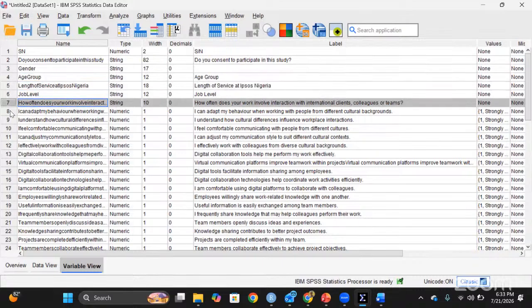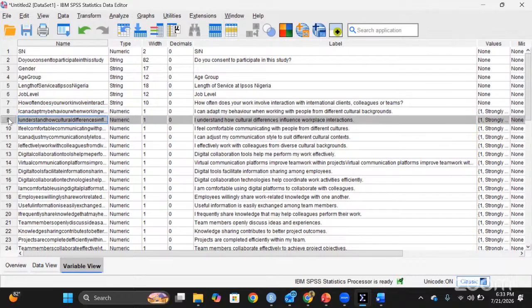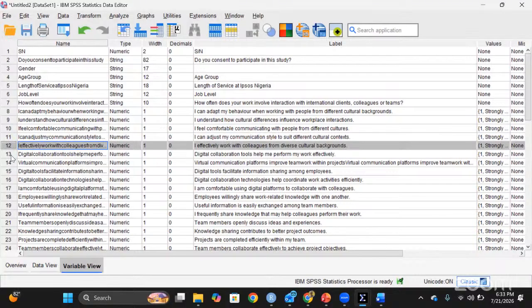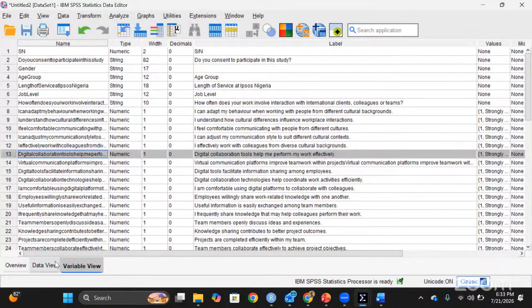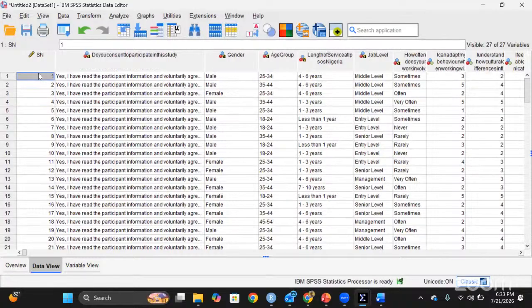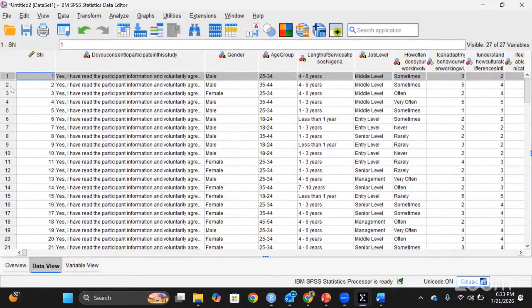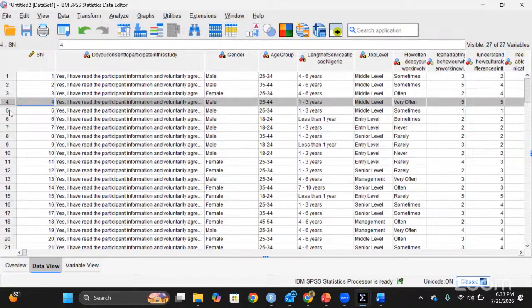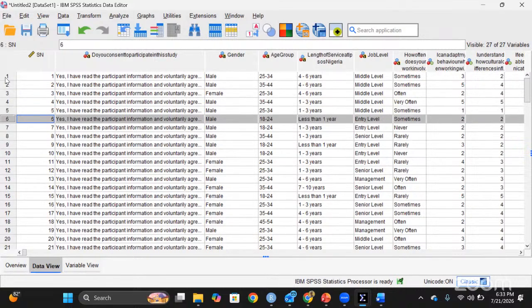Yes, they are questions, but what are they standing for? I will not answer that question. If it takes you 1 hour to get it, you get it yourself. So on this data view, each row, what does it signify? It signifies the response to all questions. Thank you very much. Data point.